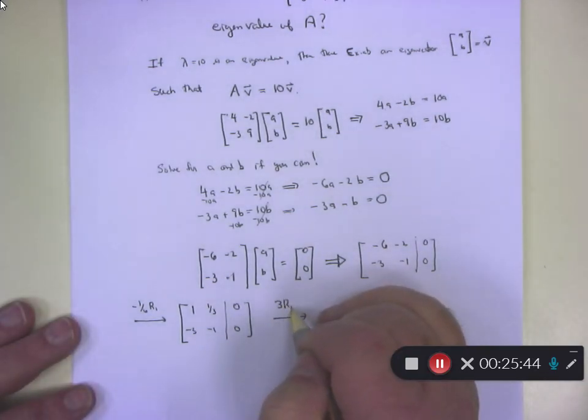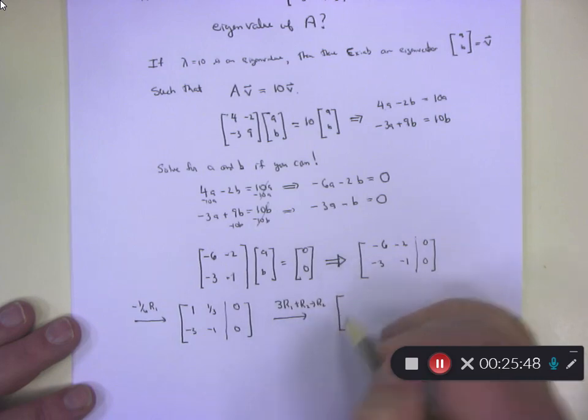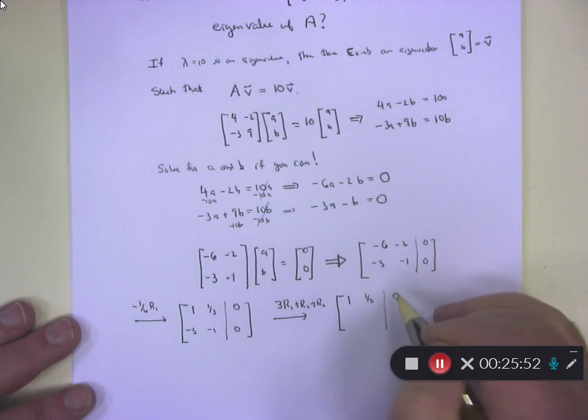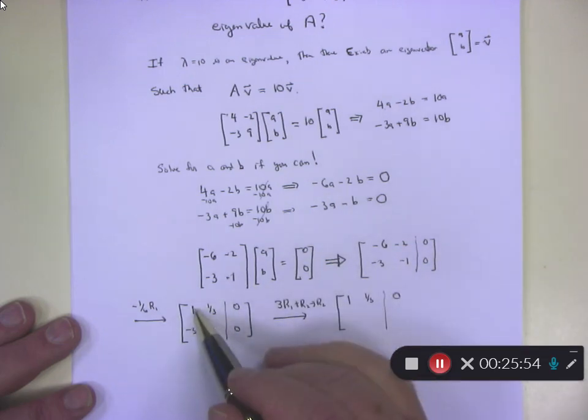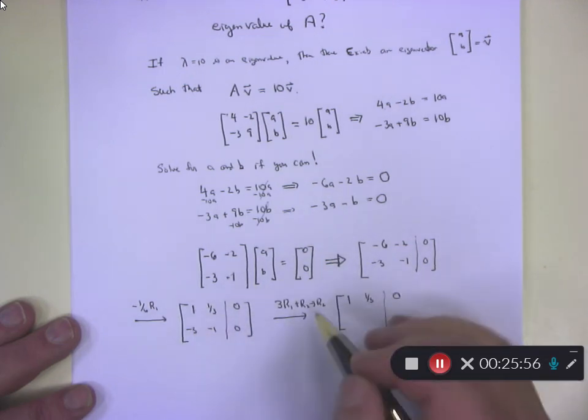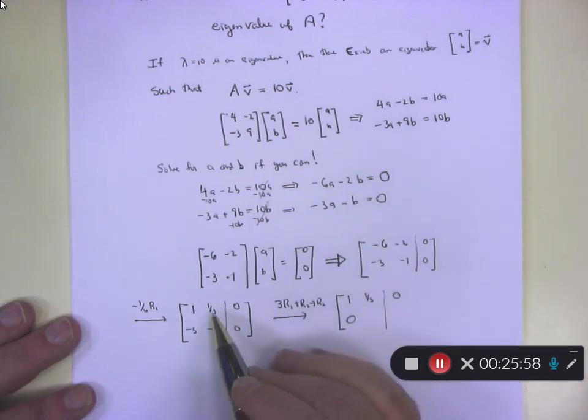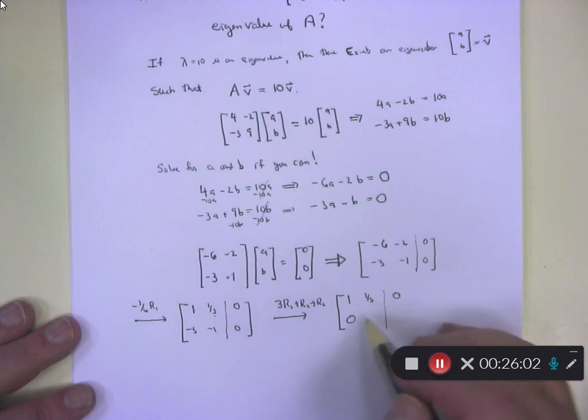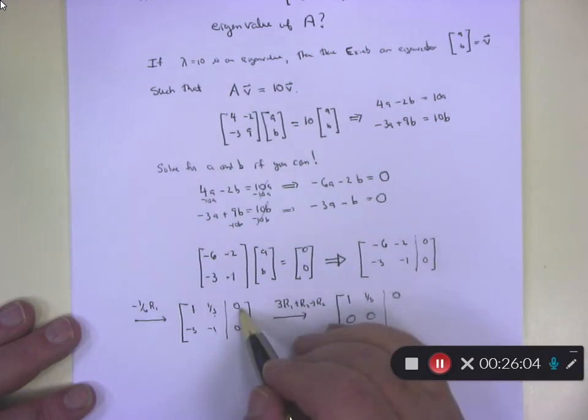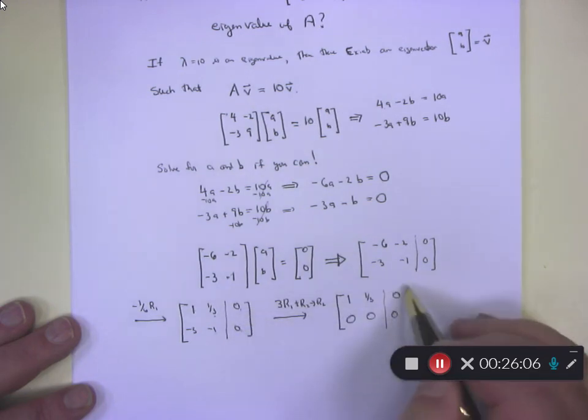3 times row 1 added to row 2, replace row 2. That would be 1, 1/3, augment 0. Now, 3 times 1 is 3 plus -3 is 0. That was the point. 3 times 1/3 is 1 plus -1 is 0. 0 times 0 is 0 plus 0 is 0.